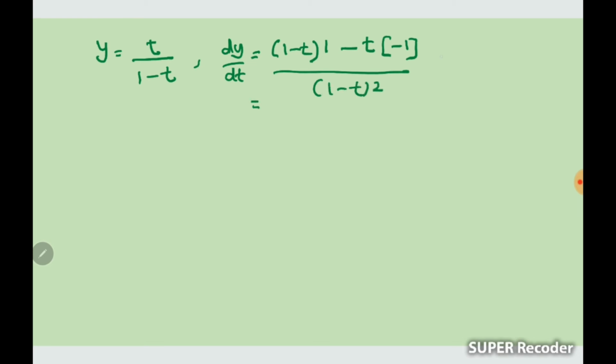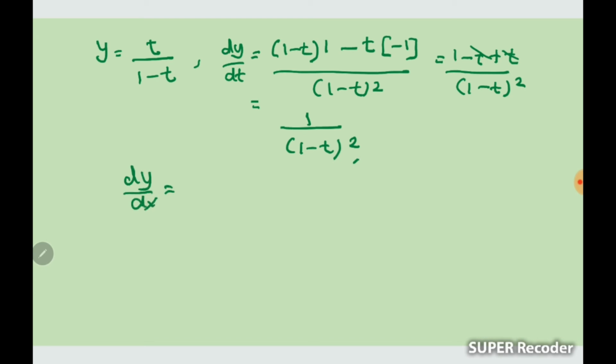Simplify, you will get 1 minus t plus t over (1 minus t) squared. Negative t plus t cancels out, so 1 over (1 minus t) squared. Therefore, dy/dx is equal to dy/dt, that is 1 over (1 minus t) squared.